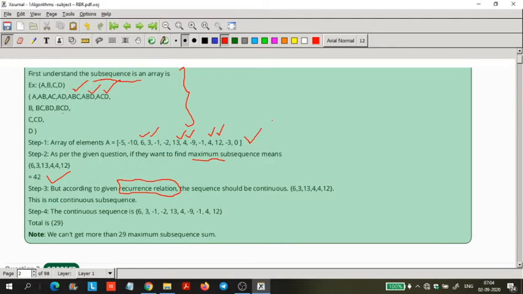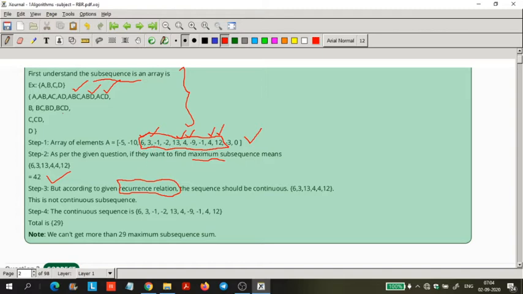For a continuous subsequence we consider 6, 3, minus 1, minus 2, 13, 4, minus 9, minus 1, 4, and 12. Up to this we can consider the continuous sequence.